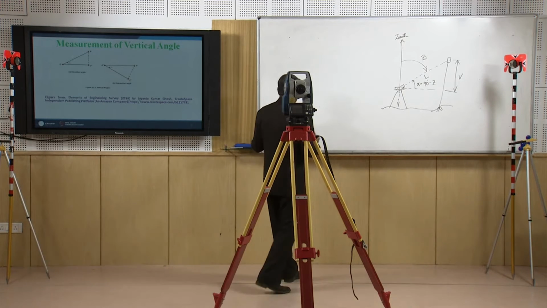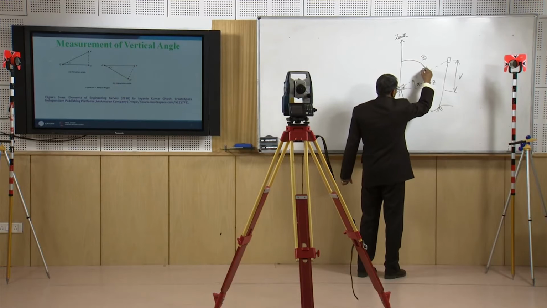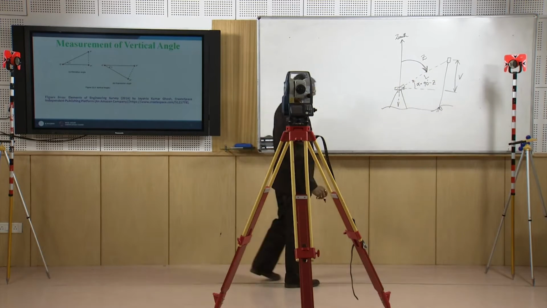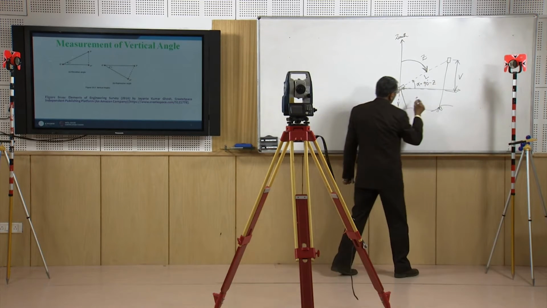As we see, in a total station we get the zenith angle. If it is above the horizontal line, then it is the angle of elevation.